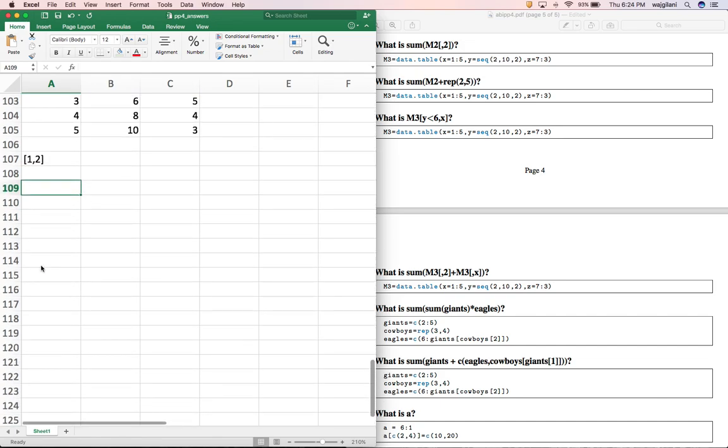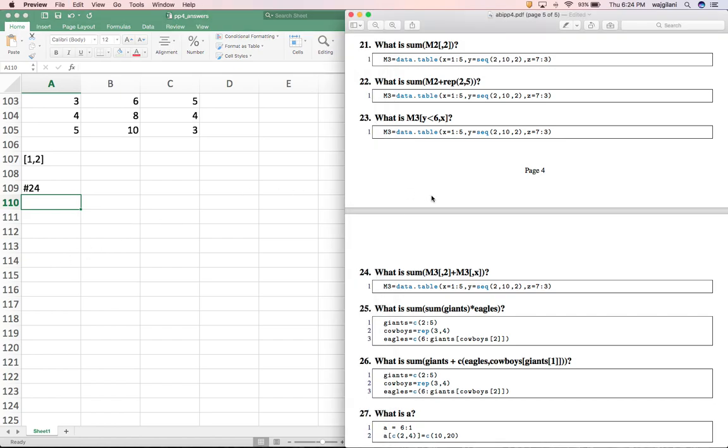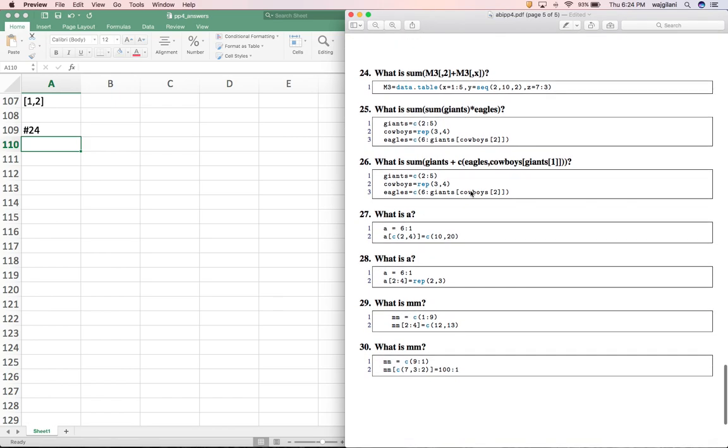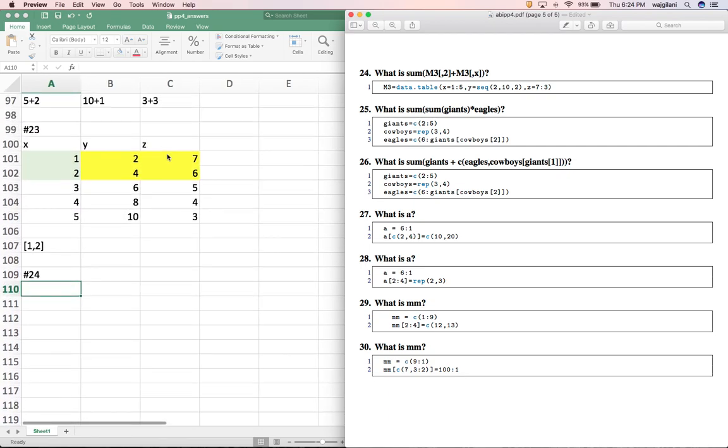Number 24. All right, what is number 24? Number 24 now is basically saying, what is the sum? All right, we're getting a little fancy over here. No problem.